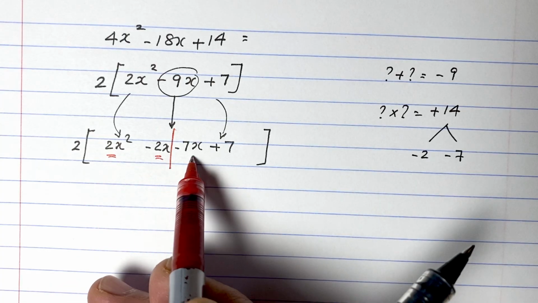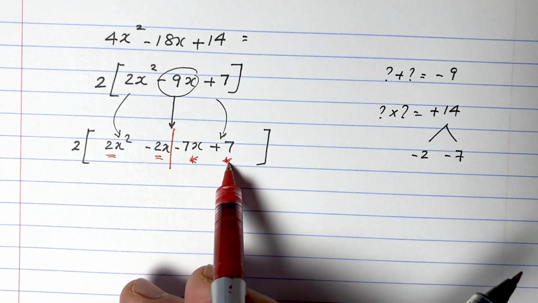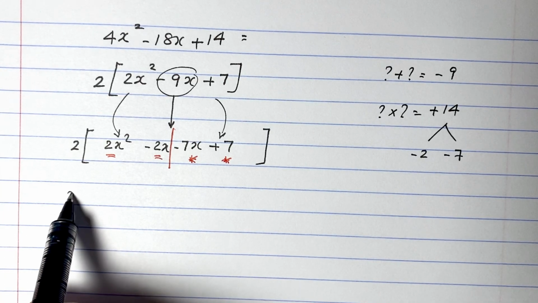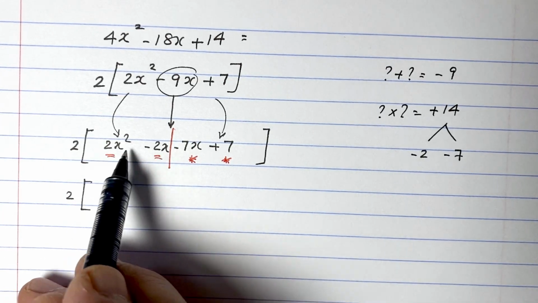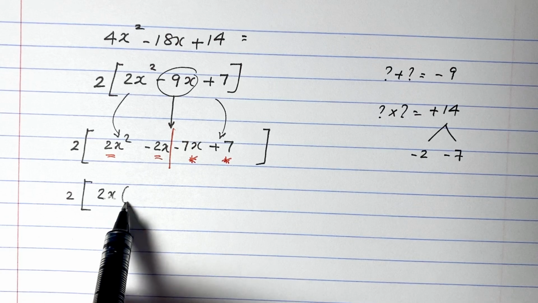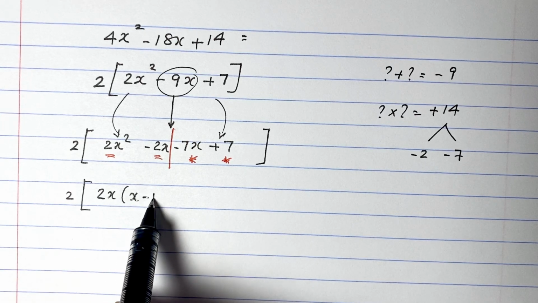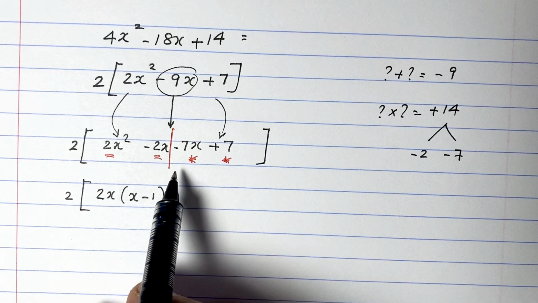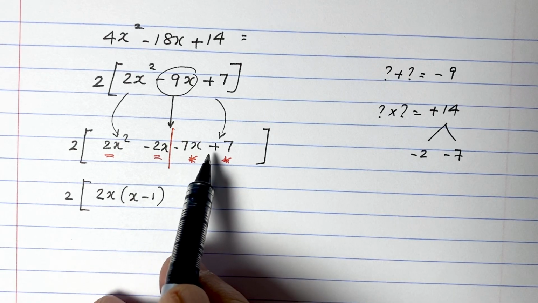Factorize these 2 and those 2 as 2 different, as a pair. The 2 stays here. Factorize 2x. Give me x minus 1. Factorize a 7 here. But if I factorize a 7, give me minus x plus 1.